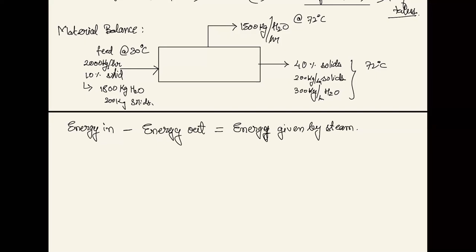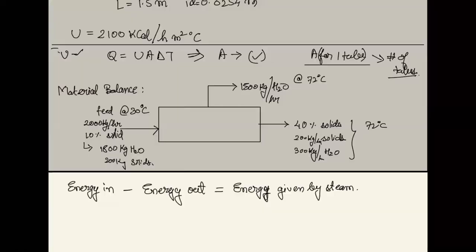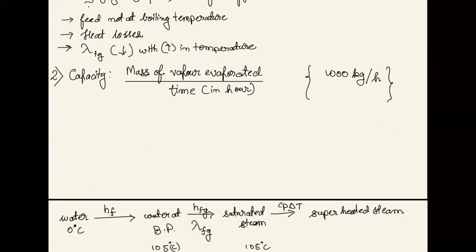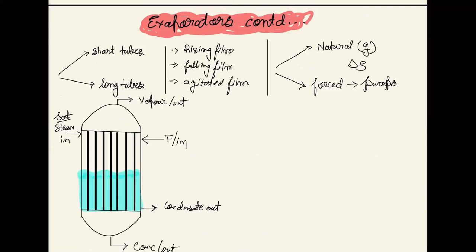Okay, so we can now take either one of the cases. हम एनर्जी बैलेंस के लिए दो में से एक चीज़ कर सकते हैं. अब हमारे पास सारे फ्लो रेट्स पता है हमें विद रेफरेंस टू द सॉल्यूशन. किस फ्लो रेट से सॉल्यूशन अंदर आ रहा है, किस फ्लो रेट से उससे वेपर्स जा रहे हैं, किस फ्लो रेट से उसका कॉन्सेंट्रेशन जा रहा है. तो हम एनर्जी इन लेंगे इसकी, the energy that is coming in with this. All right, and what is the energy that is going out is the energy that is leaving with these two streams.